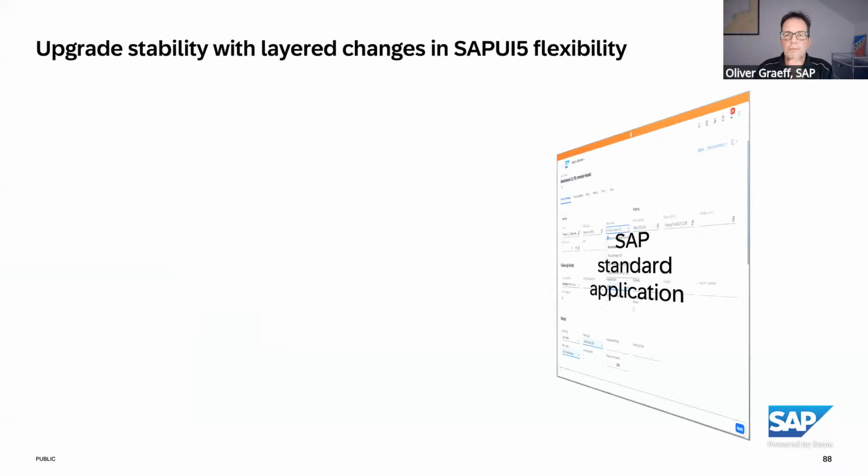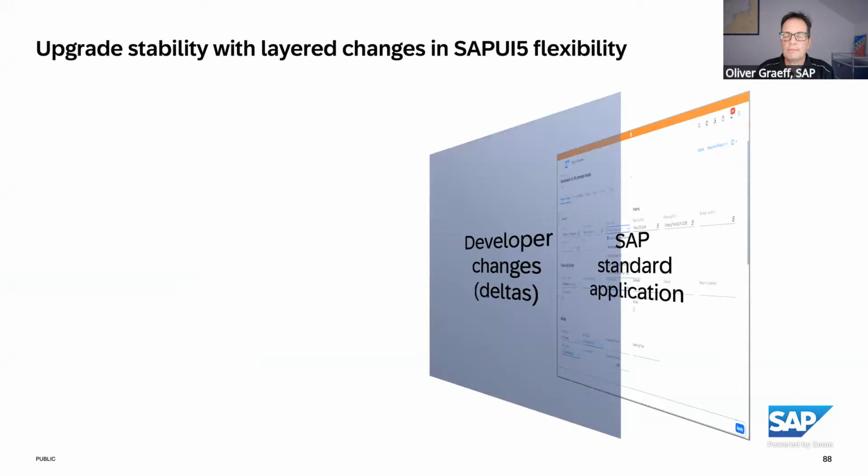And these are layered changes. If you have a standard application, then there are changes a developer is doing. A developer is also making changes, but a developer is working in code. So the developer is working in build code, creating so-called adaptation projects, but they use the same logic, right? This UI5 flexibility logic to connect it to the standard in a clever way.